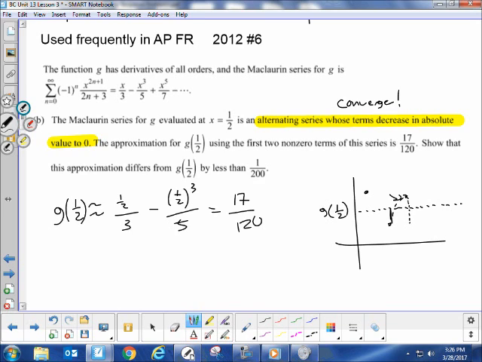So all we have to know is that G of 1/2 is between, it's definitely going to be greater than 17 over 120, and it's going to be less than 17 over 120 plus (1/2)^5 over 7.